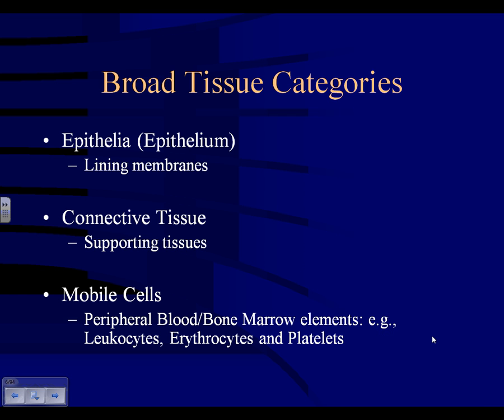Again, here are these broad tissue categories. Epithelia, or epithelium in the singular, are the lining membranes. When I was in college and took a histology course, when I was 20 years old or so, the professor said, if you want to figure out if something is epithelium, imagine yourself really, really small. If you entered someone's body and you were tiny and you could walk there, that's epithelium.